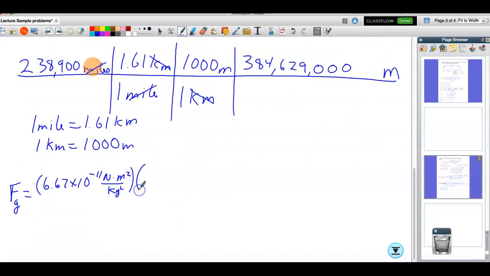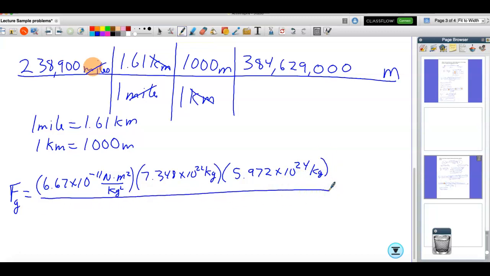Let's go ahead and do that again: 7.348 times 10 to the 22nd kilograms times 5.972 times 10 to the 24th kilograms, all over our distance, right up there on the right, 384,629,000 meters. We're going to square that one, right?